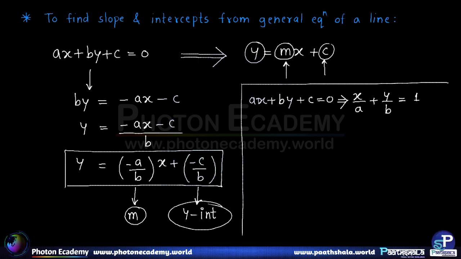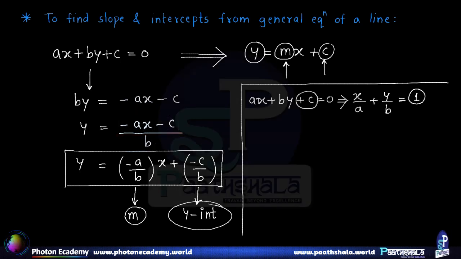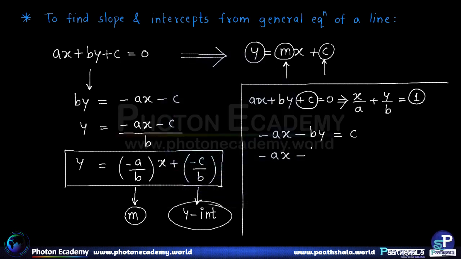Here we get a clue from the constant term: we want the constant term as 1 only. So we keep this c on one side assuming that it is positive, okay? So we get minus ax minus by is equal to c, and hence divide throughout by c. So we will get minus ax minus by upon c is equal to 1.